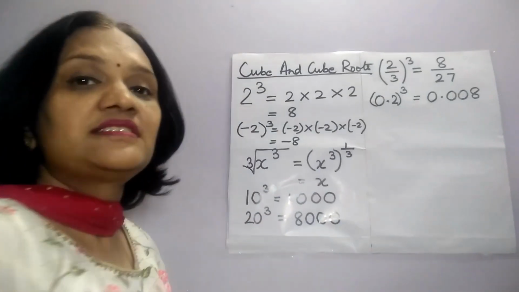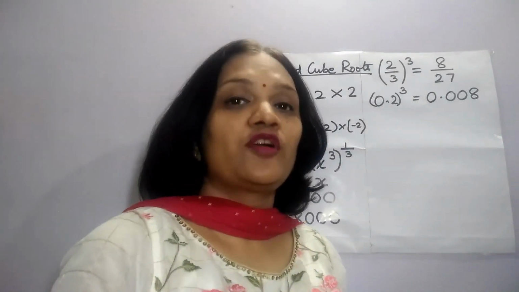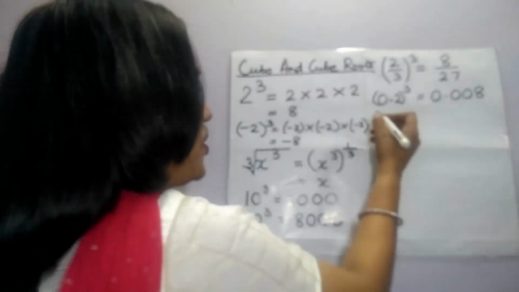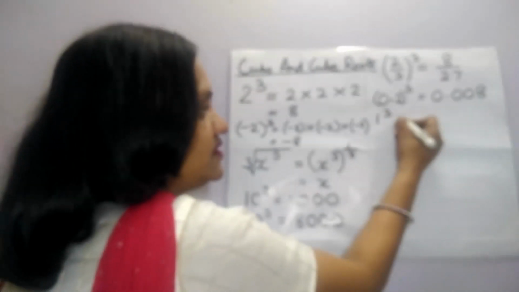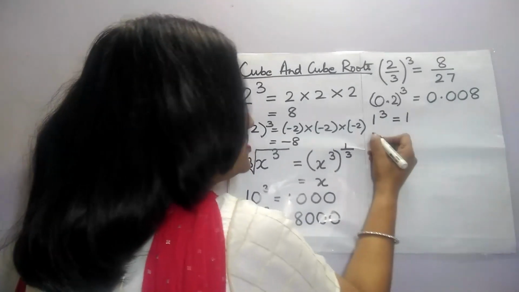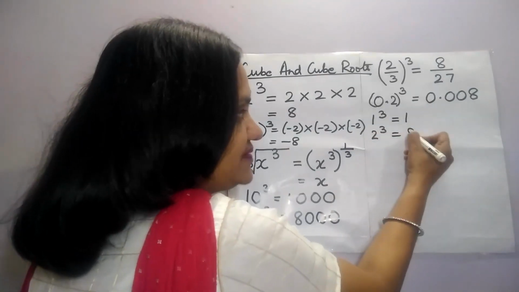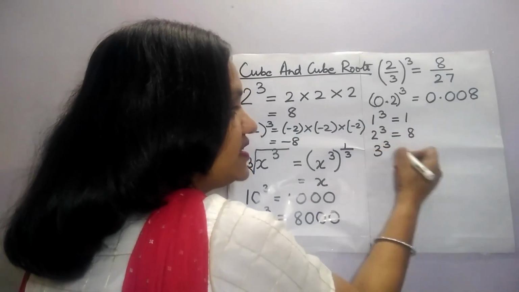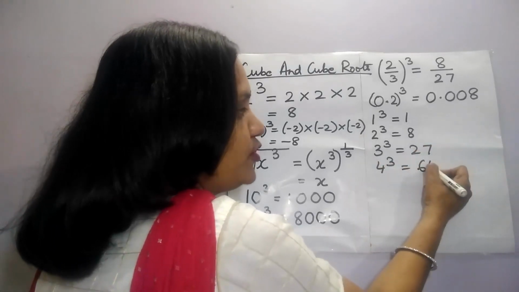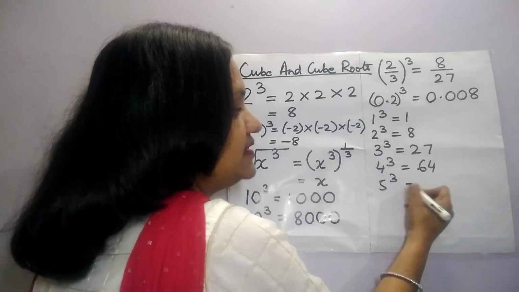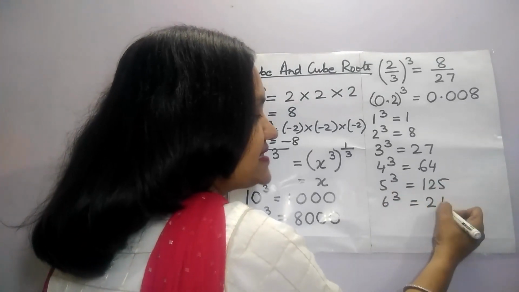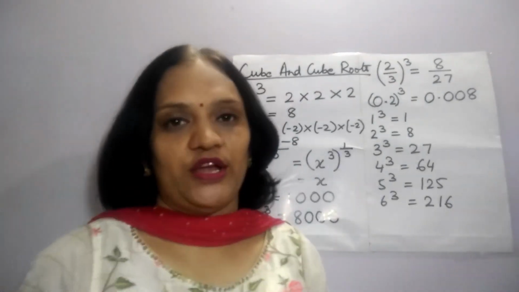Let's discuss some properties of cubes of the first few natural numbers. What is the cube of 1? 1 cube is 1 into 1 into 1, which is 1. 2 cube is 8. 3 cube is 27. 4 cube is 64. 5 cube is 125. 6 cube 216, and so on.